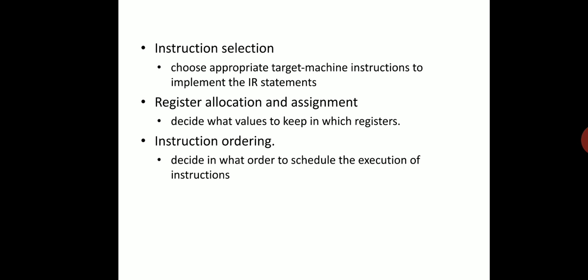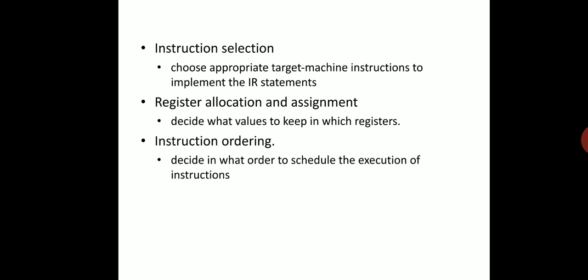So choose appropriate target machine instructions to implement the IR statements, because the code generator has to convert the intermediate representation into the target program. While converting the intermediate code into the target program, proper selection of instructions must be done to get an efficient target program. Then register allocation and assignment.